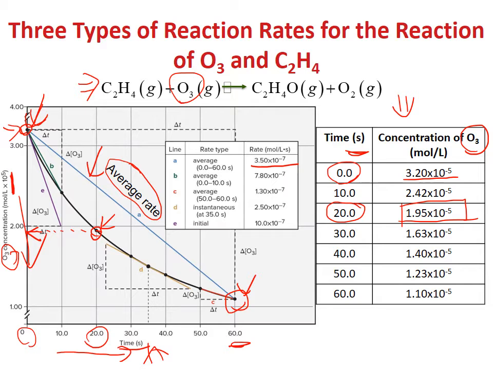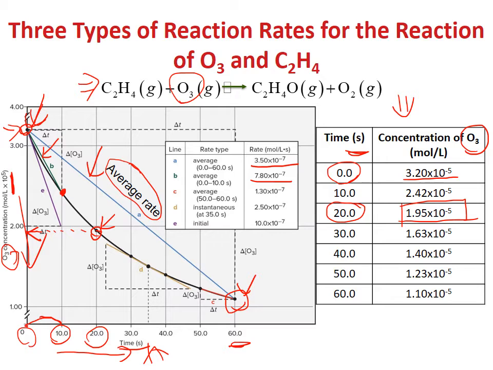We can also calculate the average rate for the first 10 seconds. So this is the range from 0 to 10 seconds. That average rate is shown here, the green line that passes the first point and this point at 10 seconds. The slope is the average rate, and in this case it's 7.8 times 10 to the minus 7.